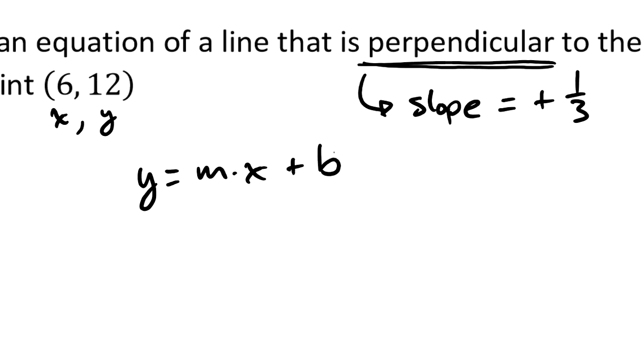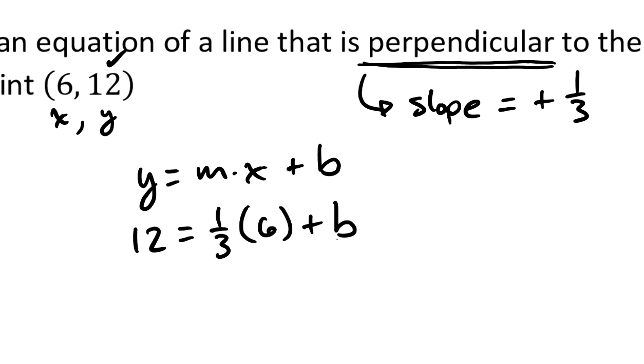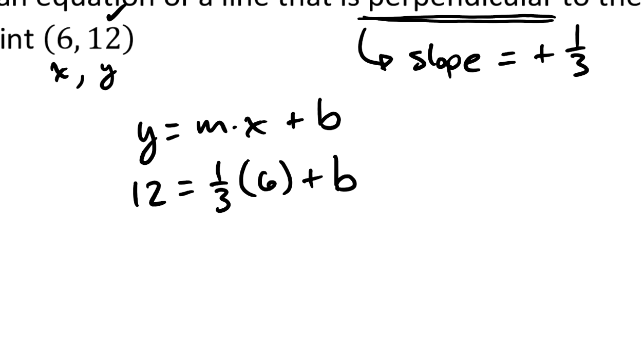So y in this case is the number 12, and that equals my slope, positive 1/3, times x, which is 6, and then plus b. So you can see everything's gone except for b, and I just need to solve this equation for b. So 12 equals 1/3 times 6 is 2, plus b, and if I take away 2 from both sides, I see that my y-intercept b occurs at 10.